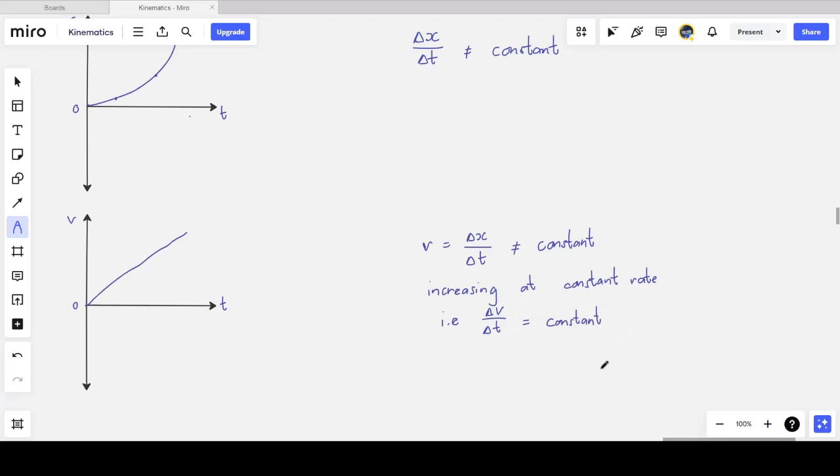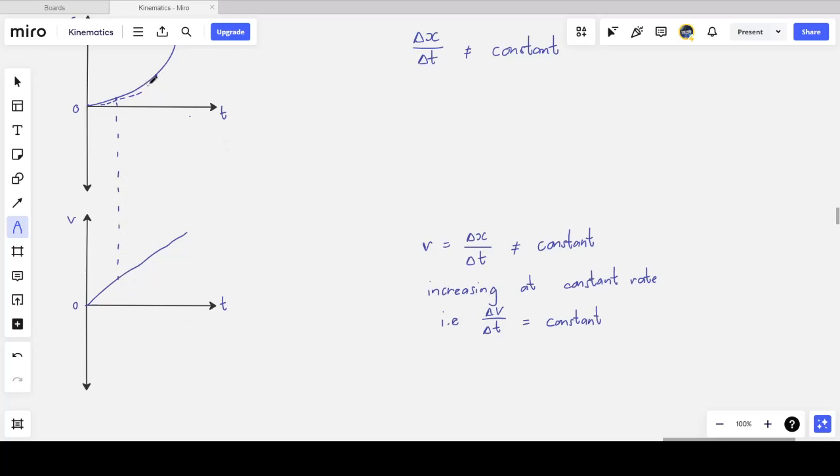So how do we get the values for the velocity against time if I only have a graph of displacement against time? Well, I find the gradient at every point. It's difficult to find the gradient of a line that isn't a straight line, but what I can do is draw tangents, and if I find the gradient of that tangent, what I will find is that at that time, that will be the value of my velocity.